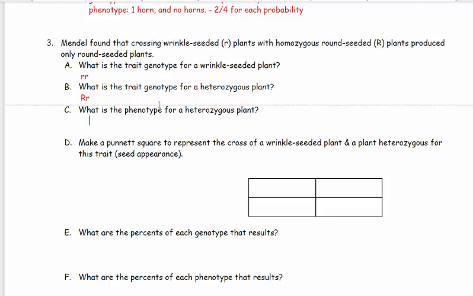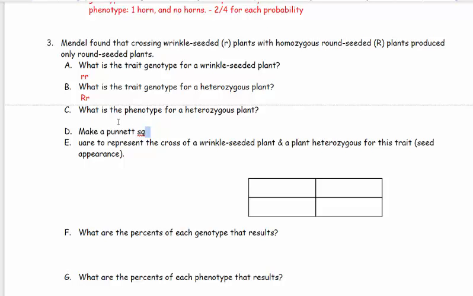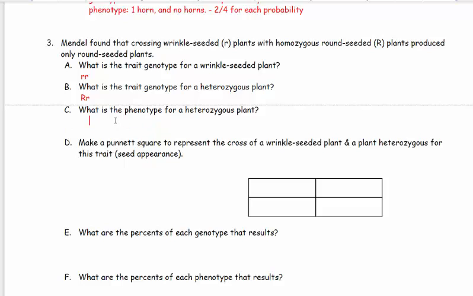The next one is, what is the phenotype for a heterozygous plant? Well, the heterozygous will always take the dominant trait. And the dominant trait here, apparently, is round-seeded, not wrinkled. So I'm going to type the word round-seeded. That's its phenotype.